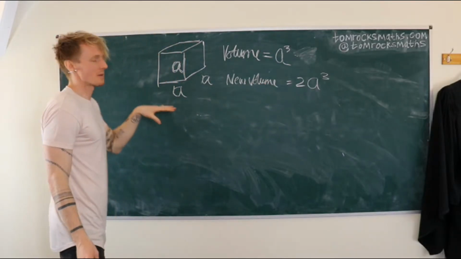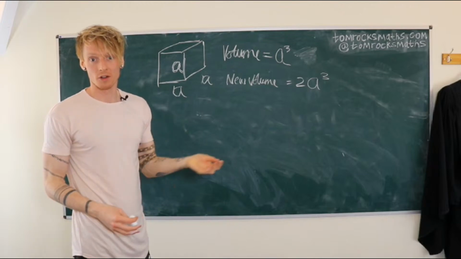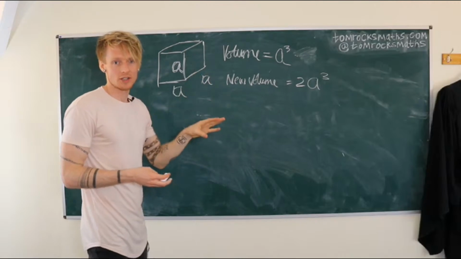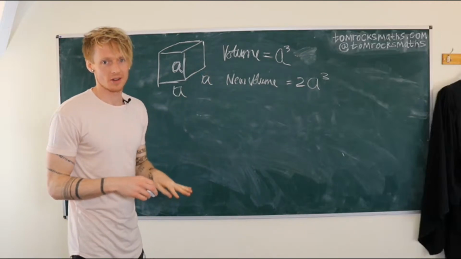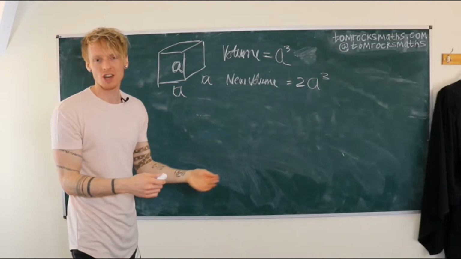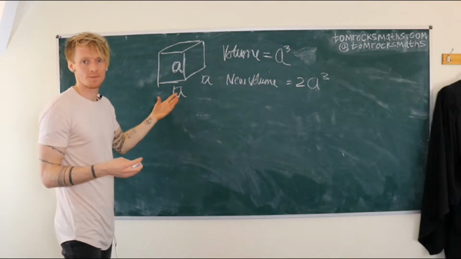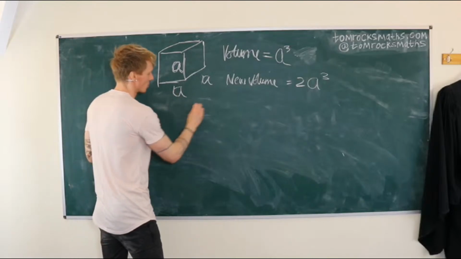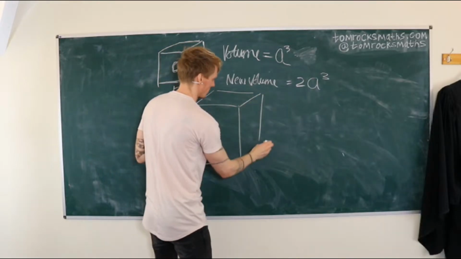So the trap to be careful not to fall into on questions like this, where you're doubling volumes or areas, is that we're definitely not doubling the side length of the cube. That's perhaps the first thing that might come to mind: I'm trying to double the volume of a shape, so just make everything twice as big. But of course, that's not going to work for a cube, because if we tried that, as an example, draw a new cube where everything was 2a.